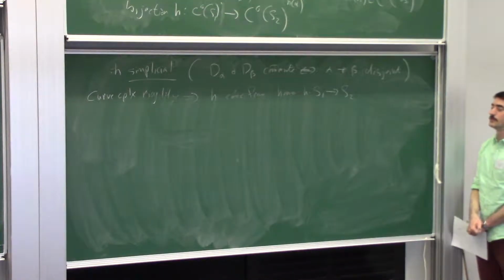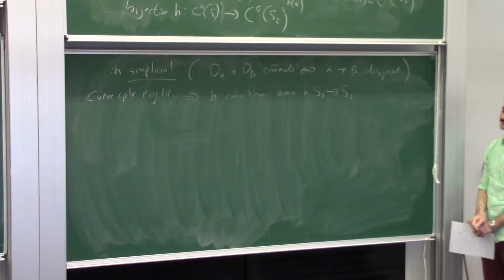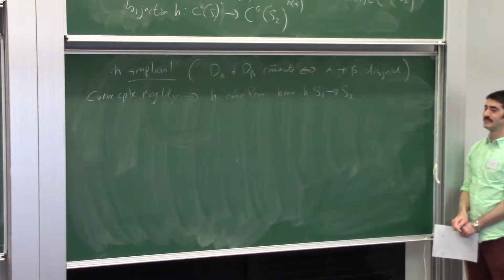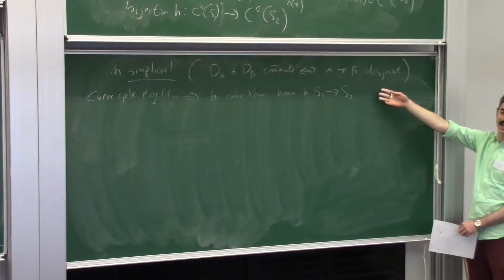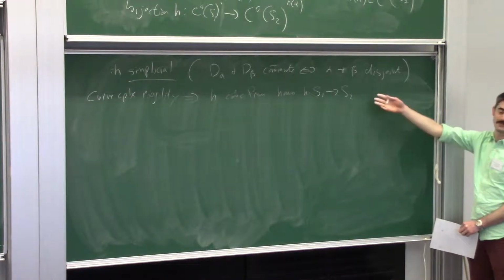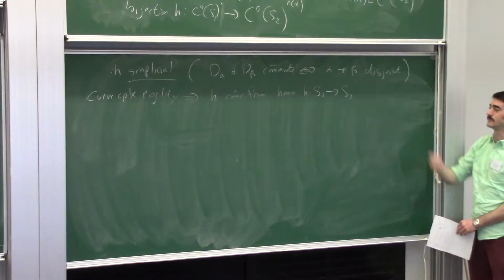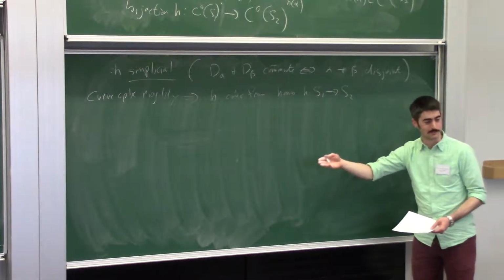Right. So there, it has to send separating curves to non-separating curves. All right, so already we see from this that if mapping class groups are isomorphic, then the surfaces are homeomorphic. Okay, but now we have to do this business of actually showing H induces the isomorphism.